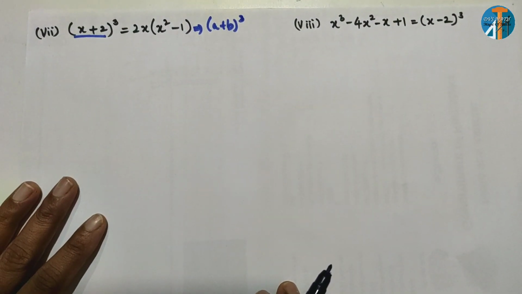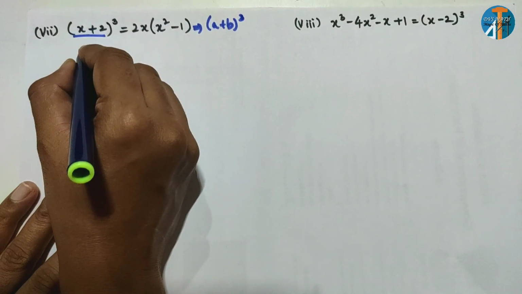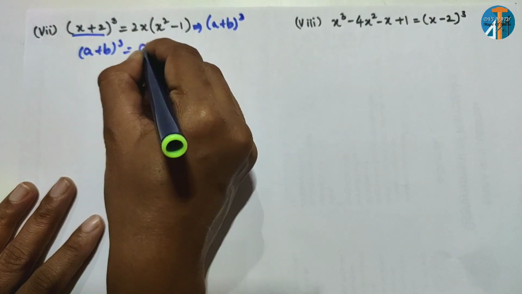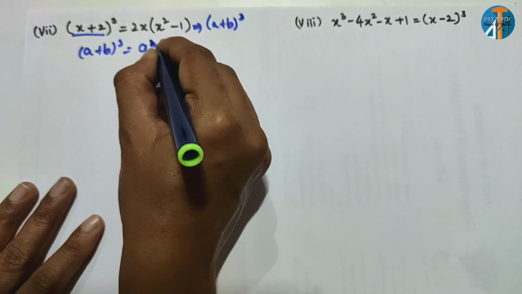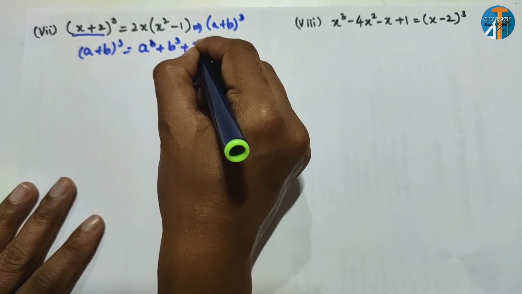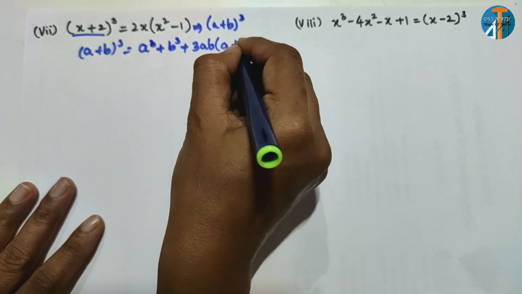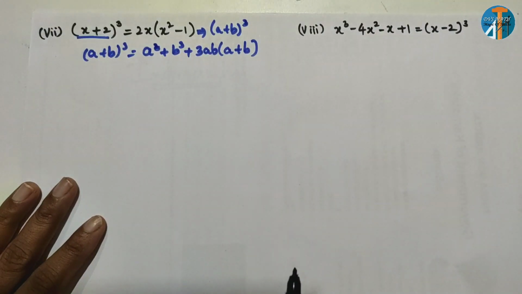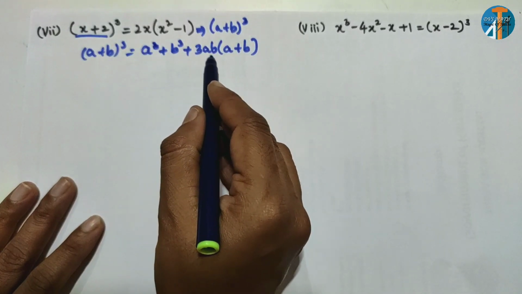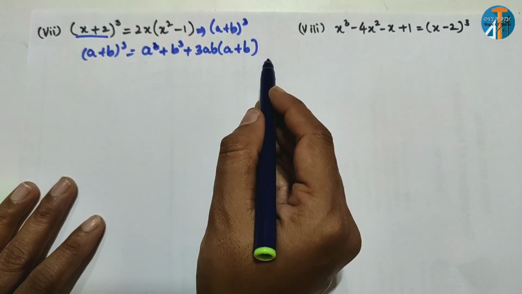What is the formula for a plus b whole cube? It is a cube plus b cube plus, observe carefully, 3ab into a plus b. This is the expansion of a plus b whole cube. All are plus here.